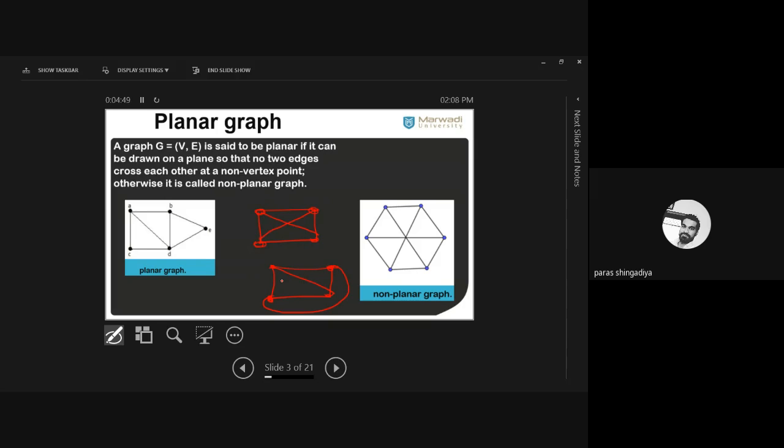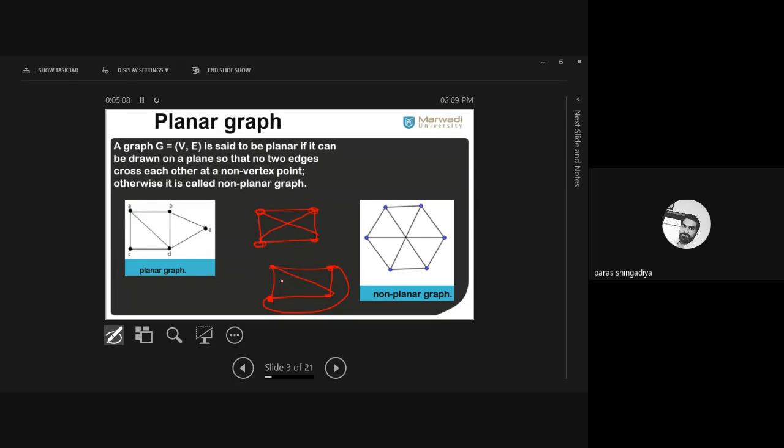Now these both graphs are isomorphic. They are essentially the same. So in place of the first one, you can use the second one without crossover between two edges. So now this answer is planar. So it can be drawn. You have to draw it such that no two edges intersect.